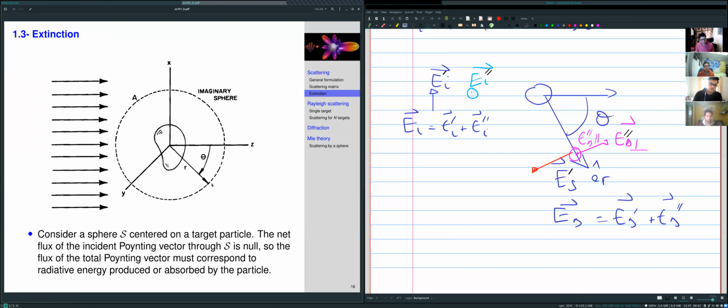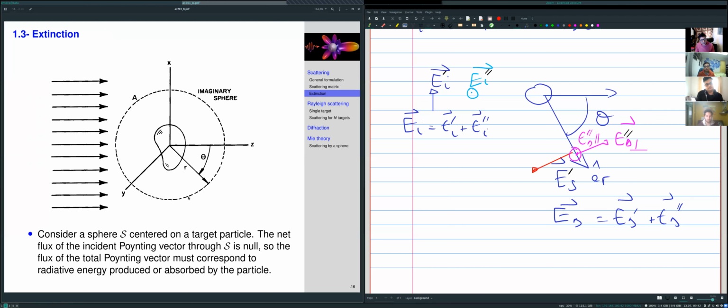So we have some field for the Poynting vector everywhere in space, and we can compute the flux of the Poynting vector through the sphere A.